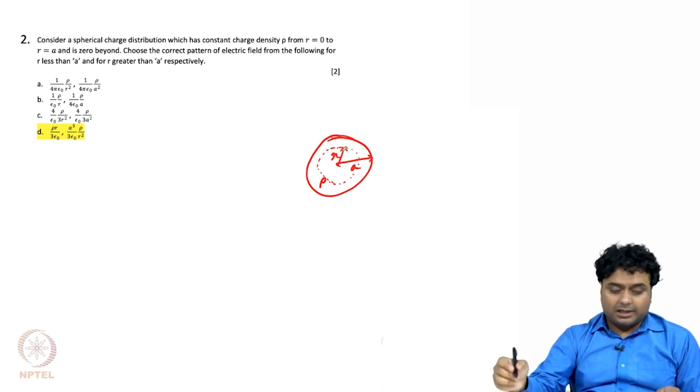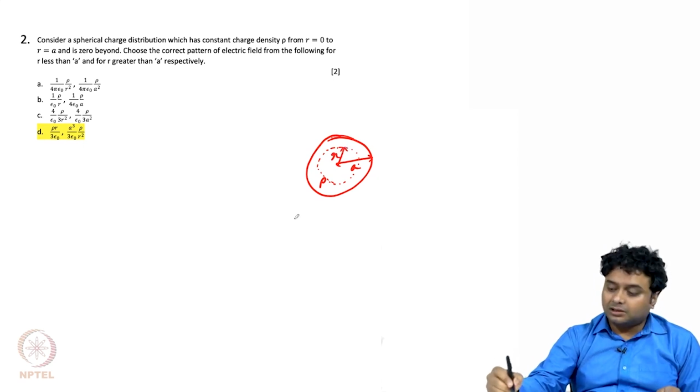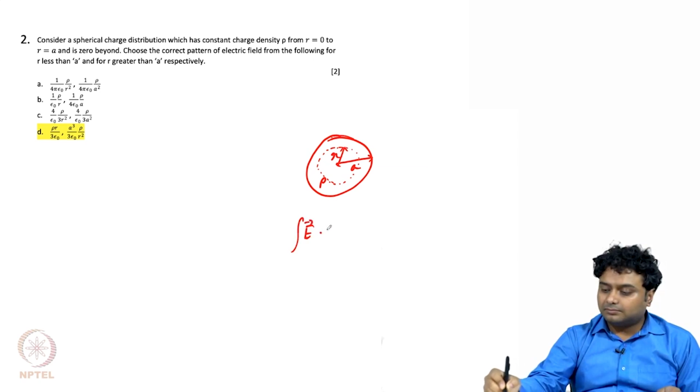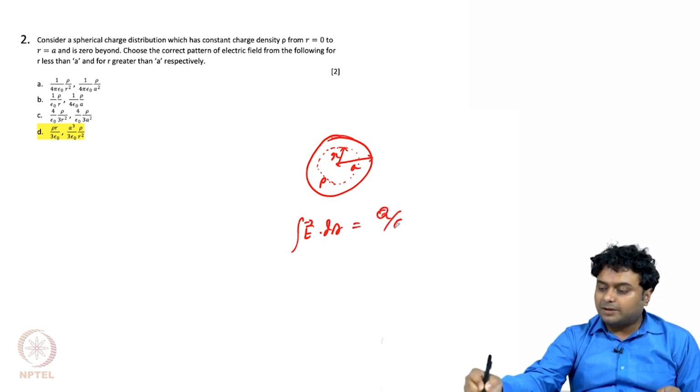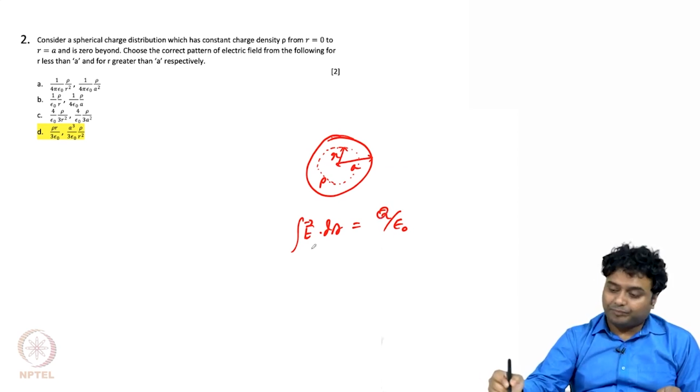Now Gauss law says that the integral of E dot ds is equal to q by epsilon naught, where q is the charge enclosed by that Gaussian surface. As it is spherical symmetry, this E is constant over the whole surface, where the magnitude of E here and here will be the same.